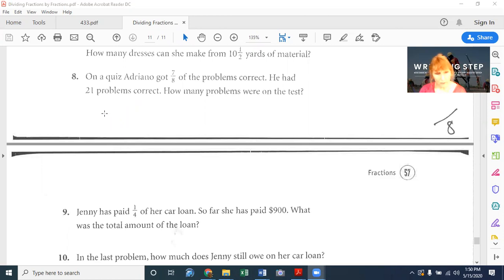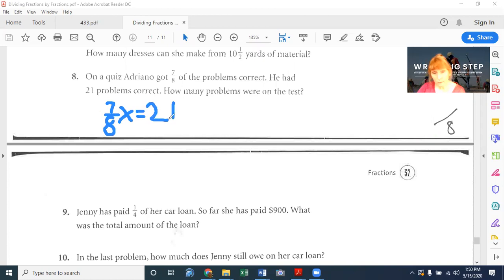So this is really the same as saying 7/8 of some number is equal to 21. So that's what it's actually asking. So we're saying that he got 7/8 of the problems correct. So I'm going to just write it algebraically first. 7/8 times the total number of problems equals the number he got correct, or 21.